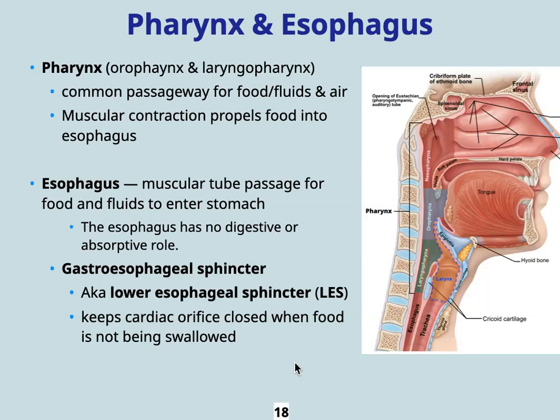But in patients who have acid reflux or heartburn, there's something wrong with the lower esophageal sphincter. Either it's displaced, not closing properly, or other reasons, in which cases the acid can reflux into the esophagus and damage the walls of the esophagus.